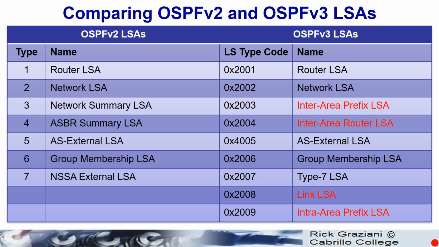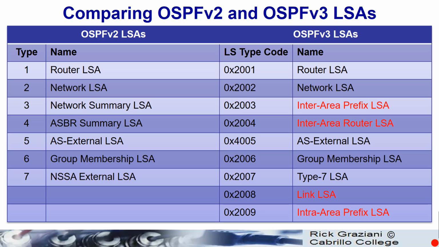Alright, so before we go on, I want to talk about a few more things. One of the interesting things here is the intra-area prefix LSA is one of the new types in OSPF version 3. So is the inter-area prefix. This information was carried in the router and network LSAs, types 1 and 2. The interesting thing here is OSPFv3 does also change the information that's carried in the Type 1 and Type 2 LSAs.